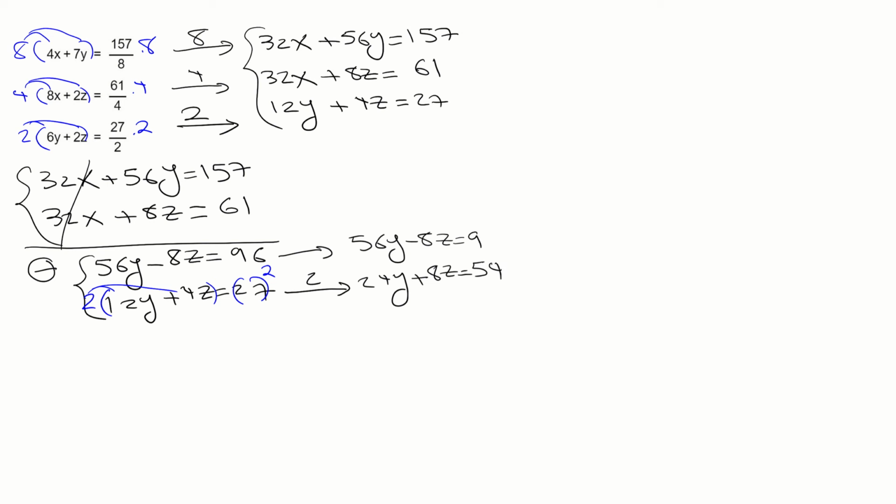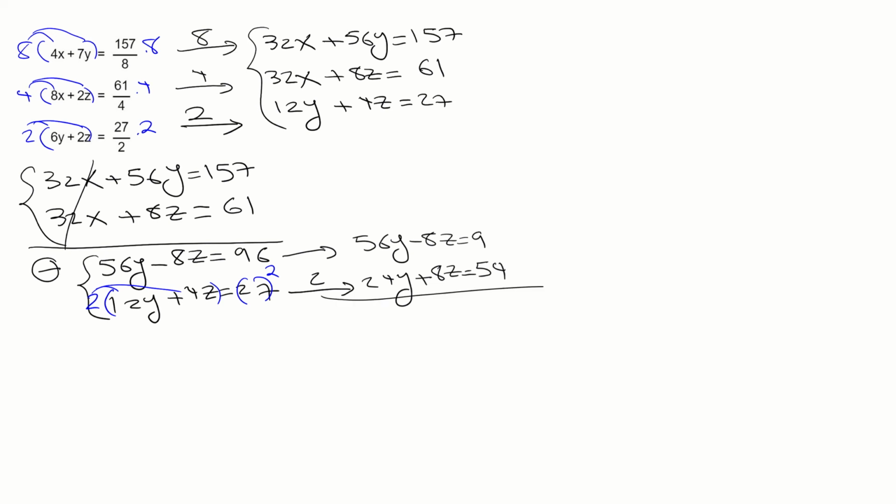Now we're going to go ahead and add the equations this time, and we end up with 80y on the left side. The z's cancel out this time, and we get, don't forget that was 96. Forgot to write the 6 previously.